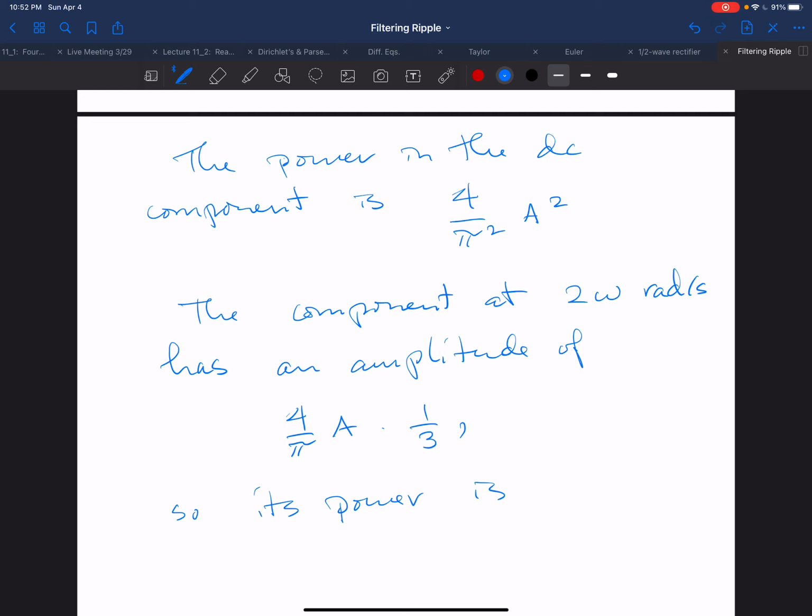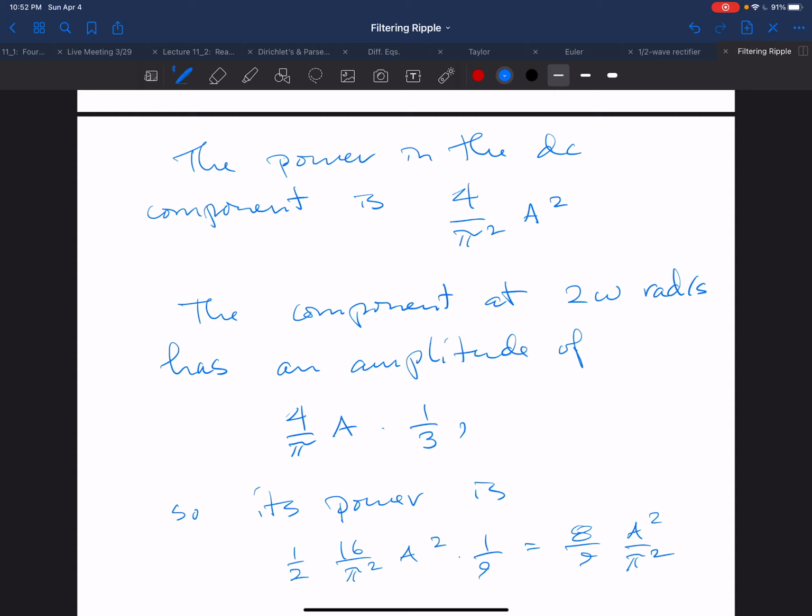So what's that going to give us? 1/2 times 16 over pi squared a squared times 1/9, or in other words, 8/9 a squared over pi squared. So considerably less, less than a quarter of the power in the DC component.